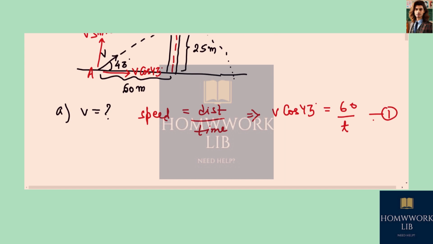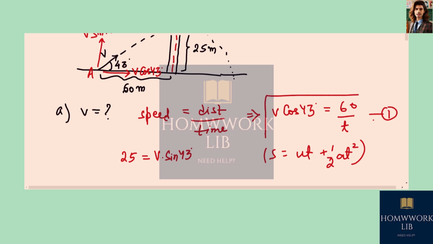So we apply the motion along the vertical direction and displacement. We apply S = ut + half at squared. S is the displacement, so that will be 25, and this will be u into t, so v sin 43 times the time.